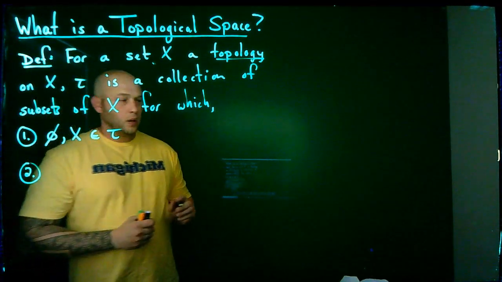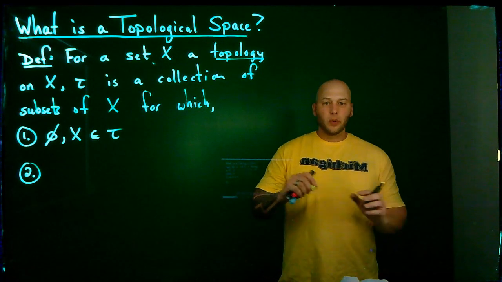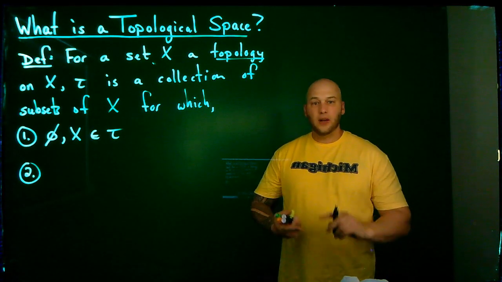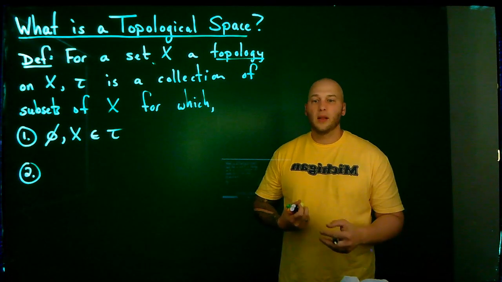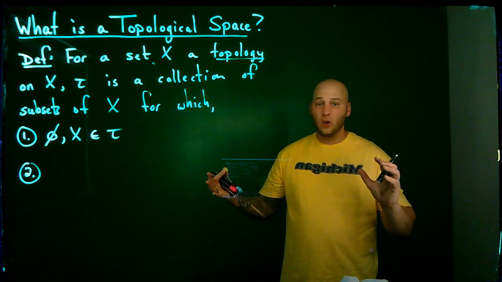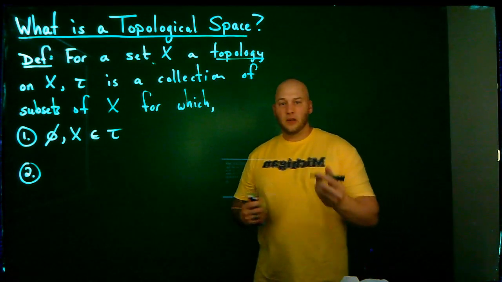2, let me say this before I write it. I can take any arbitrary collection of elements of tau, whether it's a finite collection, a countable collection, an uncountable collection. I can take any amount of elements of tau, take their union. The union must also be an element of tau.